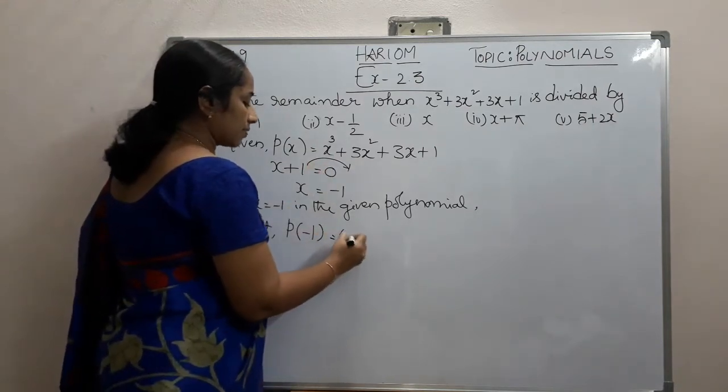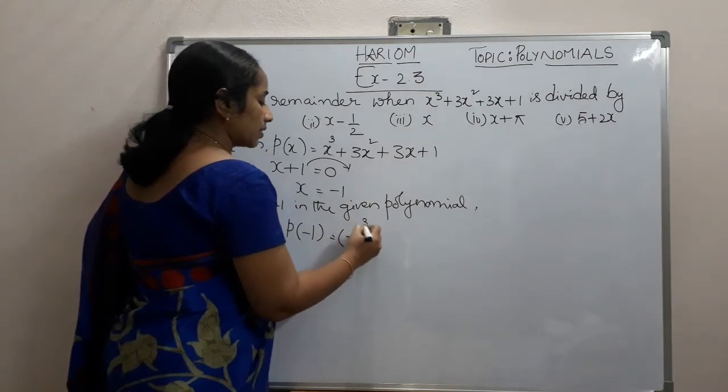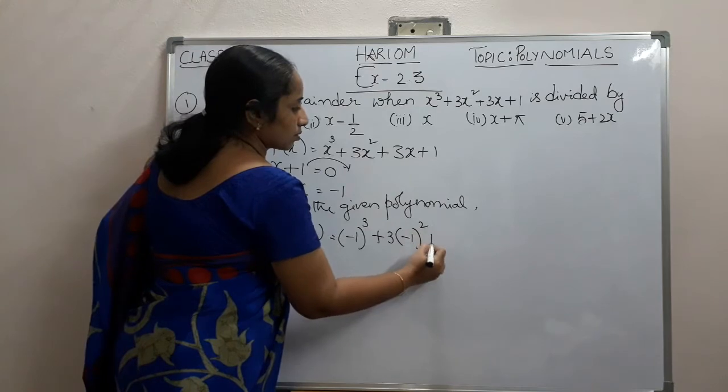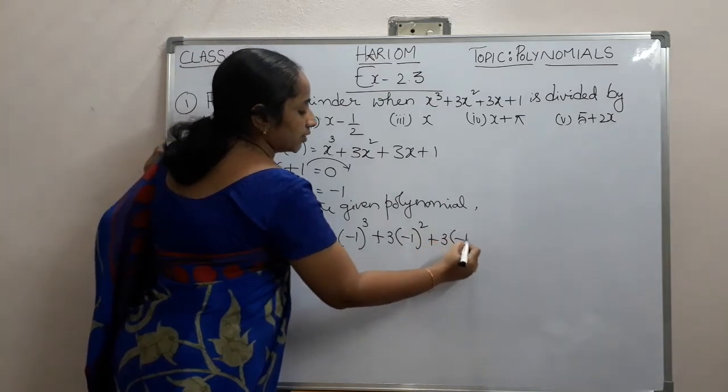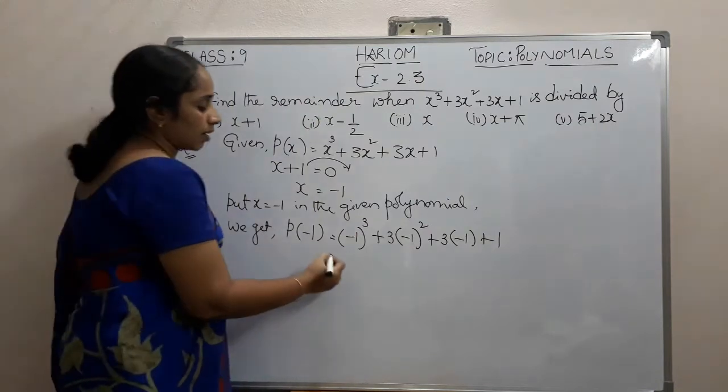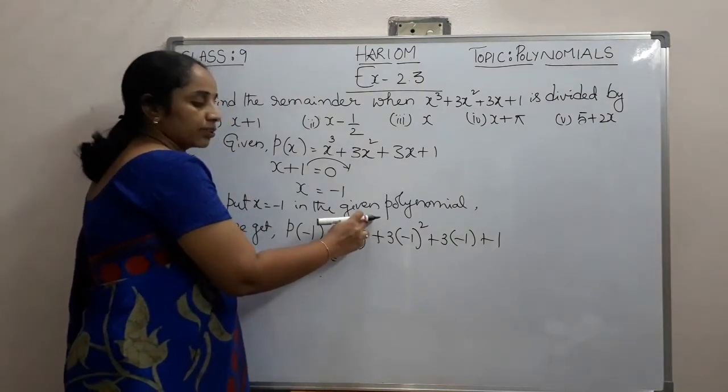P of minus 1 is equal to minus 1 whole cube, plus 3 into minus 1 whole square, plus 3 into minus 1 plus 1. Okay. Now, minus 1 whole cube.